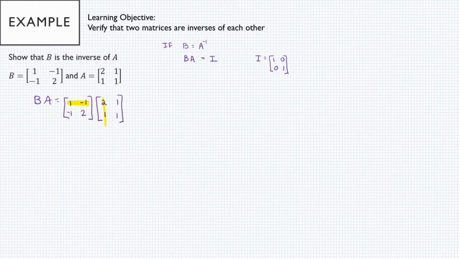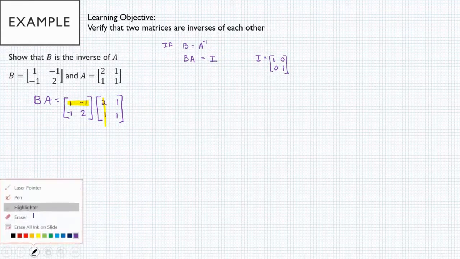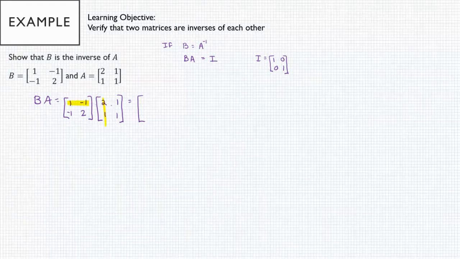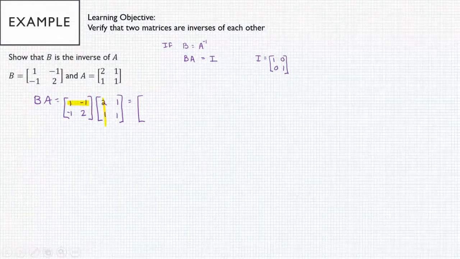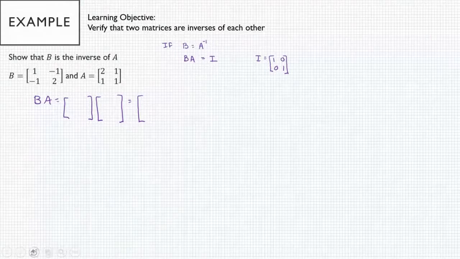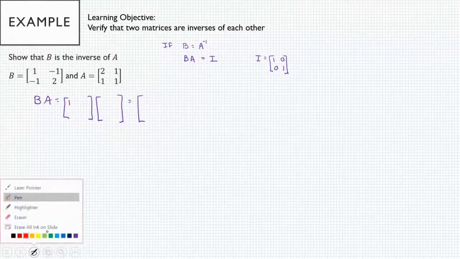So, oops, I'm in the highlighter. Don't want to be in the highlighter. So I'm going to set up my matrix. I'm going to take the 1 in the first row. Maybe I should actually color code this. I think that will work really nicely so that you can see everything that I'm multiplying together. So we'll make that 1 red.